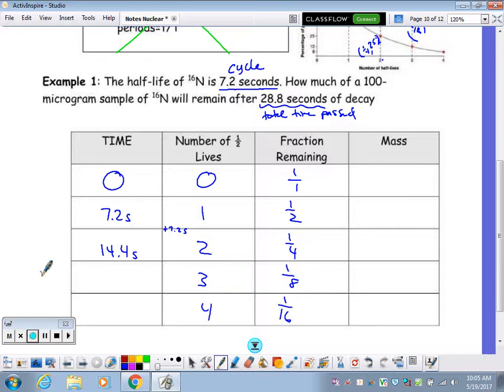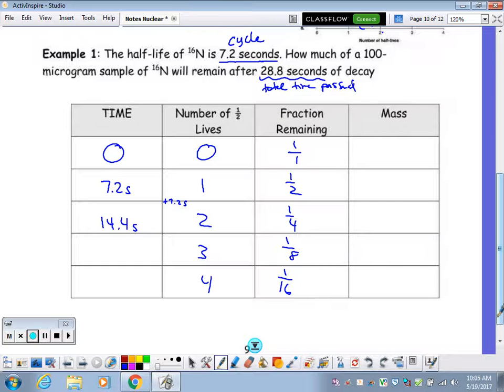To go from the second cycle to the third cycle, it requires another 7.2 seconds. So I have to add another 7.2 seconds to the number before it. That is 14.4 plus 7.2, which is 21.6. So by the time nitrogen-16 reaches its third cycle, 21.6 seconds have passed.